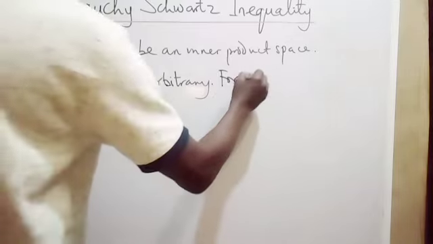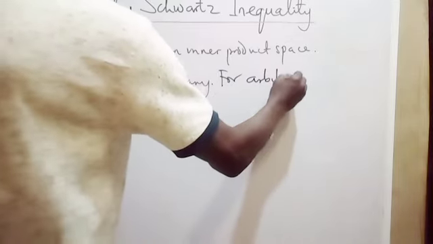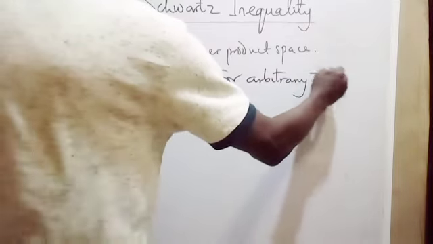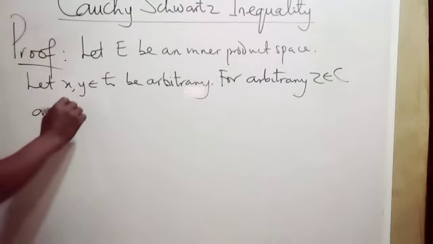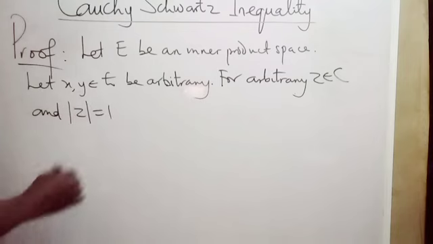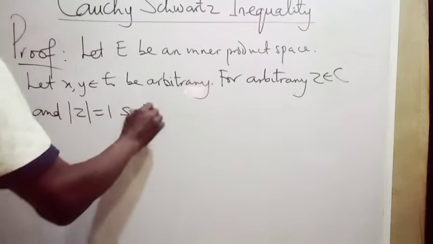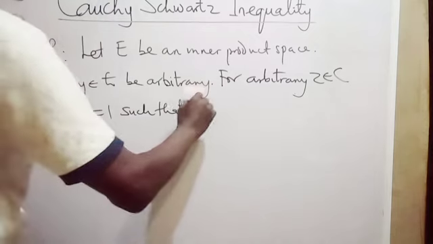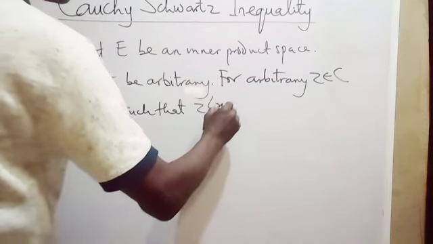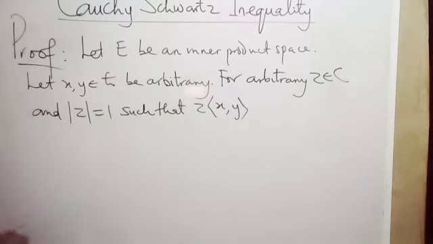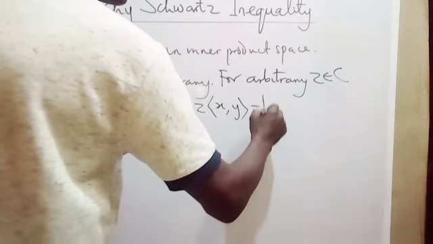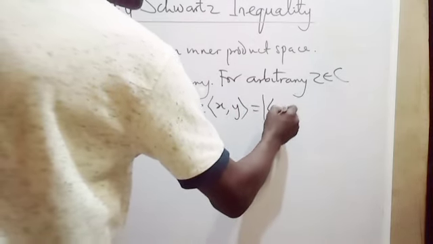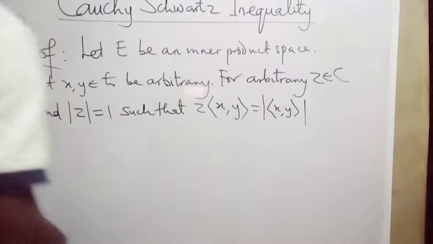that is a complex number z, and the absolute value of that z is 1, such that z multiplied by the inner product of x, y is equal to the absolute value of the inner product of x, y.